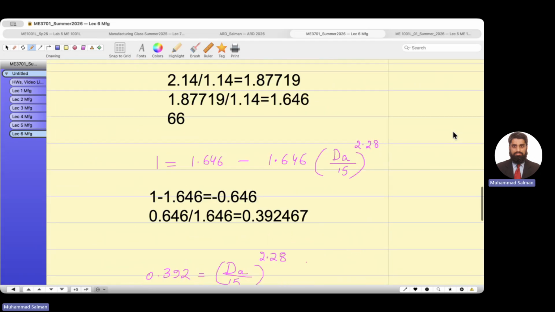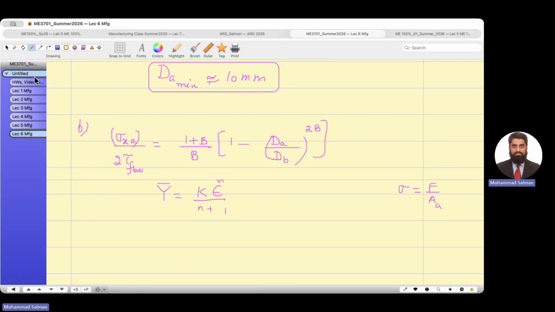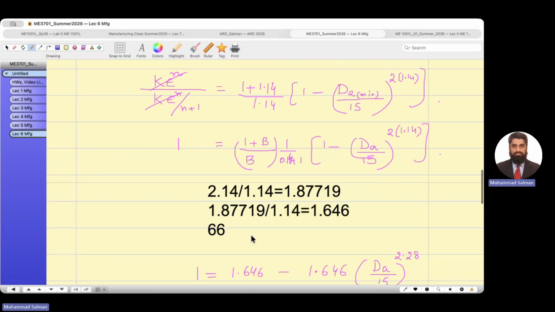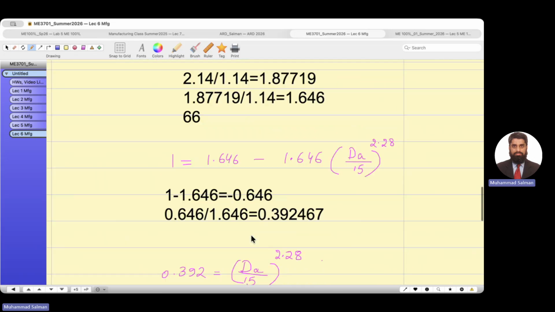And now we are going to use this sigma xa. You will help me. Let's find out what is two-tau flow. Two-tau flow, the shear stress according to Tresca, equals the average yielding stress, K times epsilon. Do we have epsilon? No, we don't. But we can calculate it.